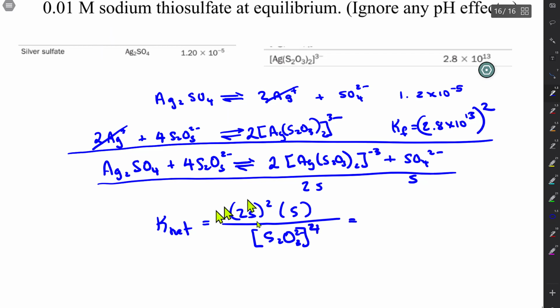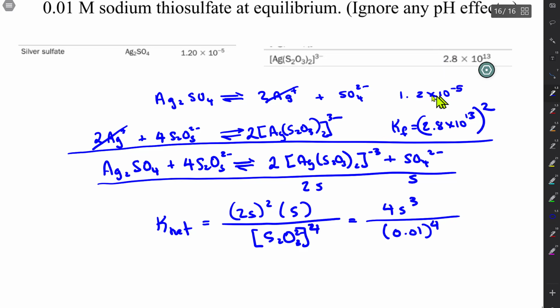I should have written these symbols over here. So this is going to be 4S cubed on the top, and then the bottom is going to be 0.01 to the 4th power.